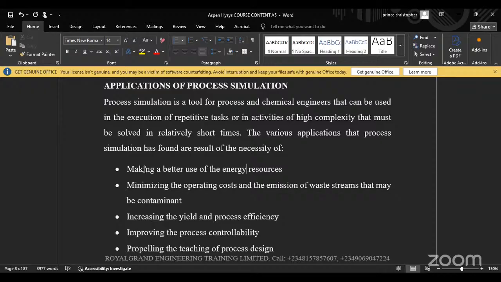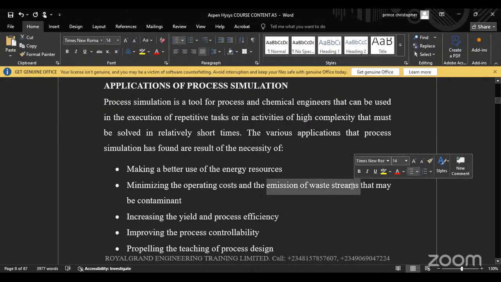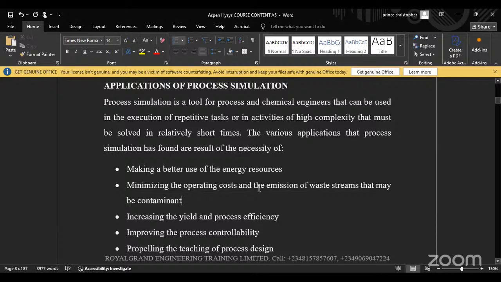So that waste product you are getting from your process can actually be used as a source of energy. And using it as a source of energy, you are now minimizing the operating costs and the emission of waste. So instead of flaring that gas, you can now use that gas as an energy source or use it to power your turbine or any of your machines.